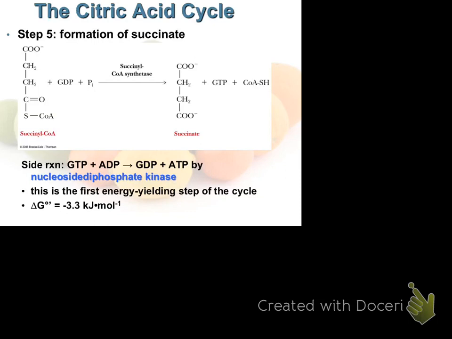So it goes both directions. But yeah, this is the very first one that you get a GTP/ATP from. Right. Then we have step 6, and I put step 6 and 7 on the same.